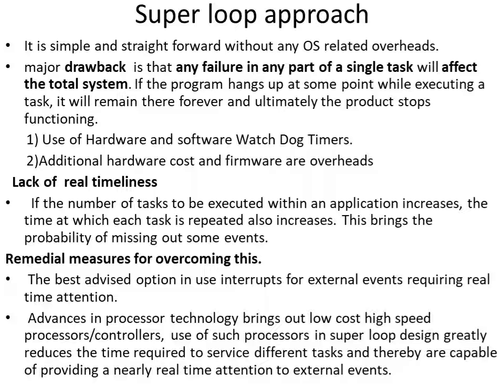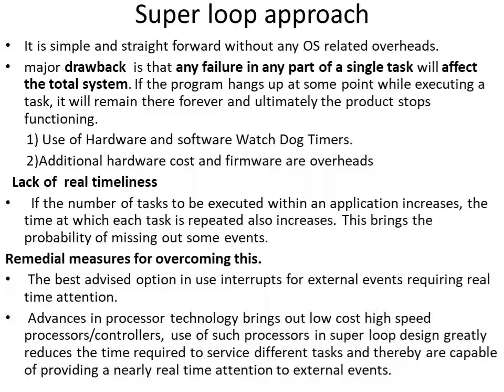One more major drawback with respect to the super loop is lack of real timeliness. If you have a large number of tasks to be executed in an application, as the number of tasks goes on increasing, the time at which each task is repeated also increases.